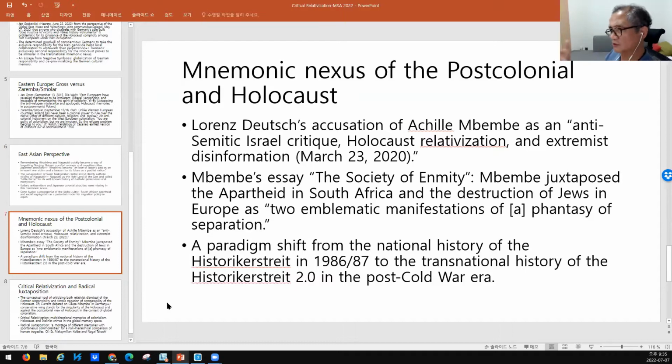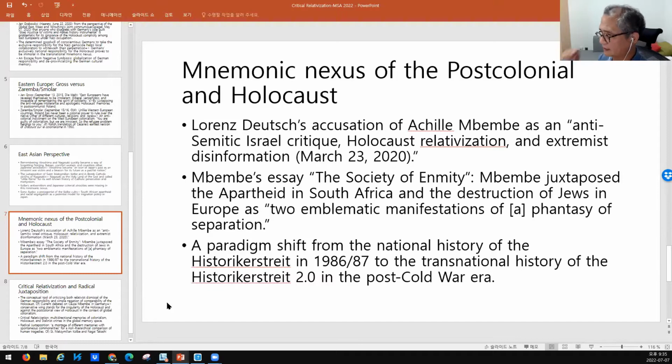And in the year 2020, we could also witness a very sharp debate in Germany, when Lorenz Deutsch accused Achille Mbembe of being an anti-Semitic Israel critic, of Holocaust relativization, and of extremist disinformation.